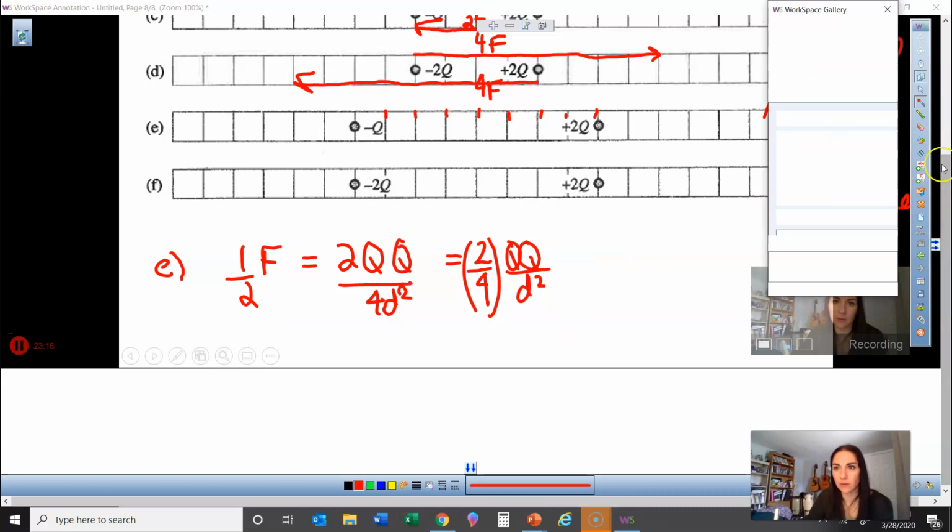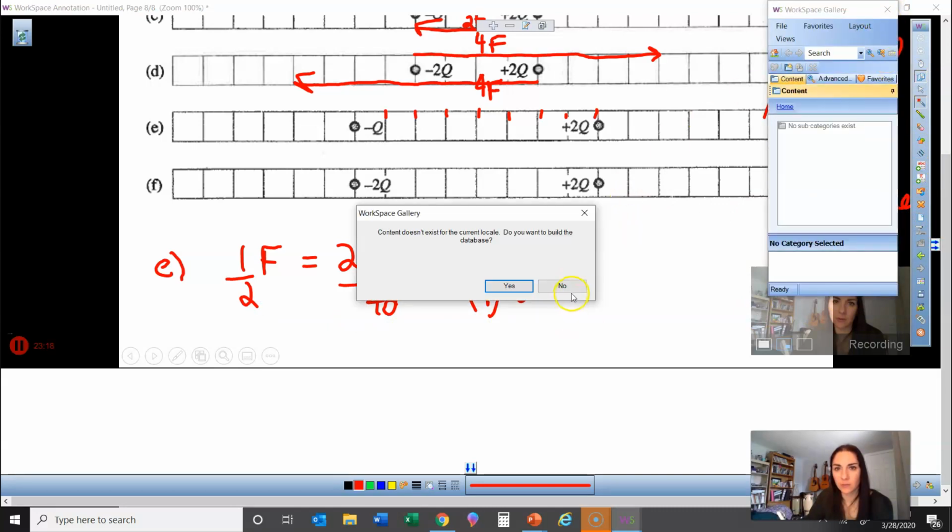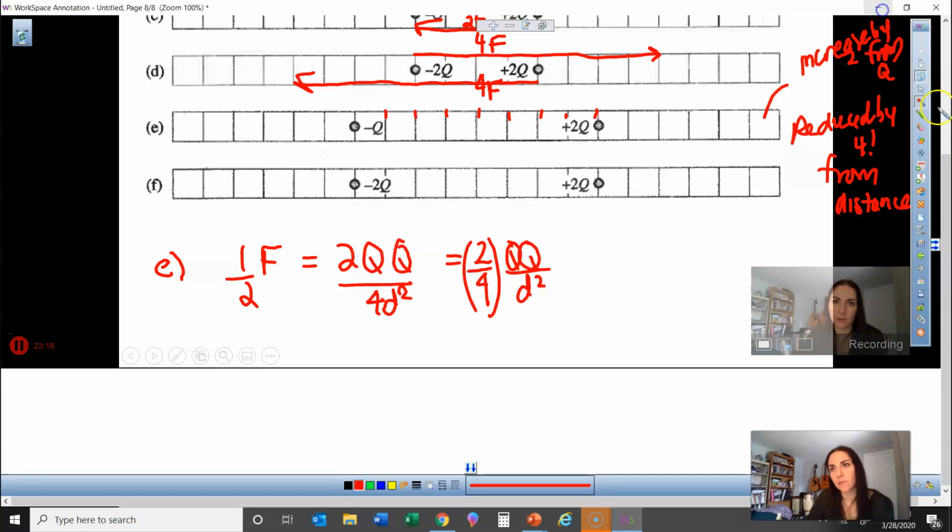Got it? So this is now reduced to 1/2. So it would be 1 block, because the original was 2, like this. So essentially it means that the further apart you are, the weaker the force. Hopefully that makes sense.